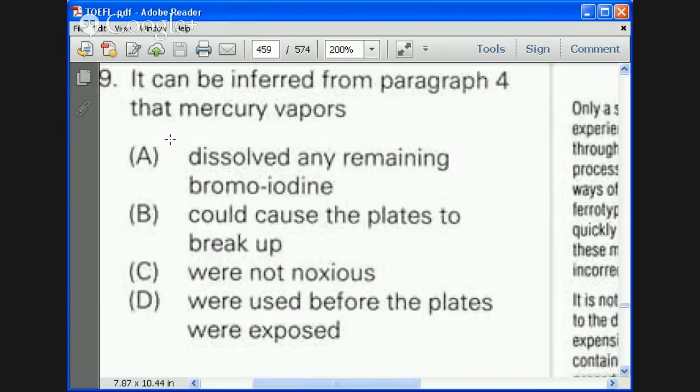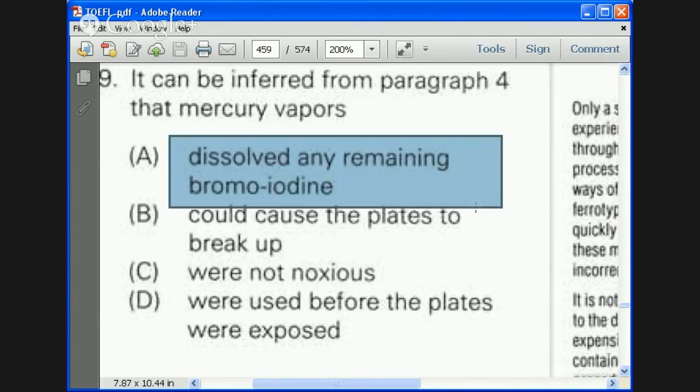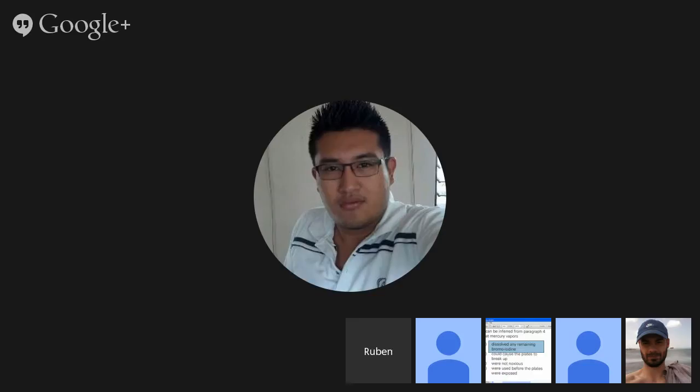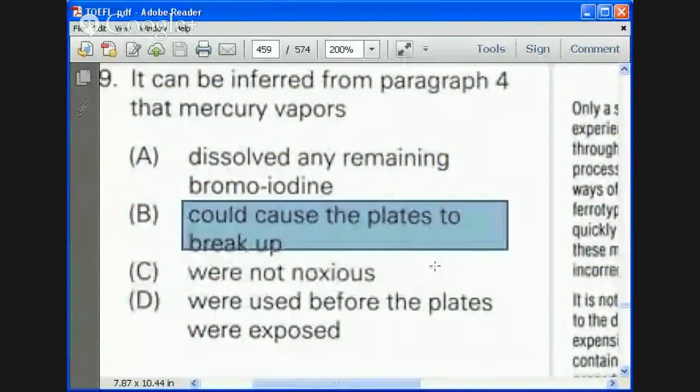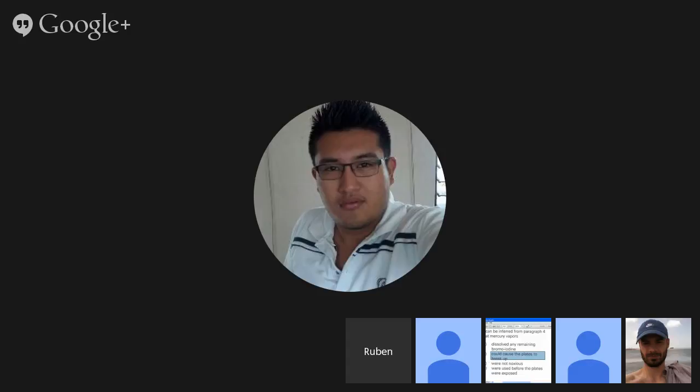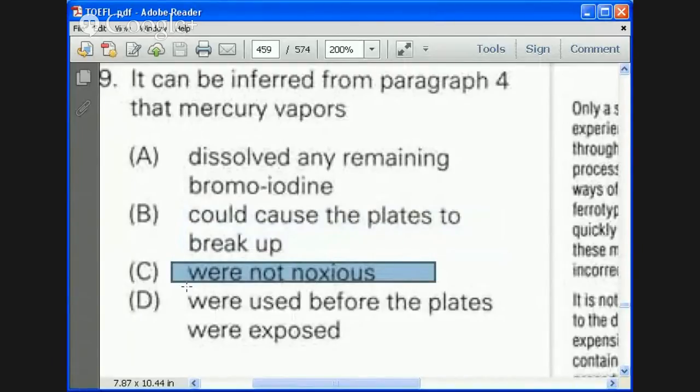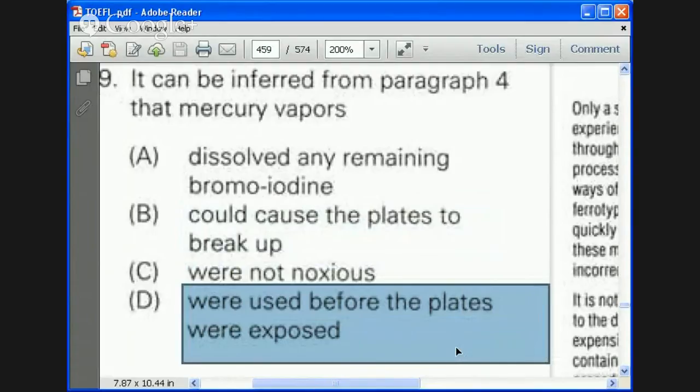But is it? It can be inferred that they dissolved any remaining bromoiodine. Wow. I don't know about that. Cause the plates to break up. I don't know about that. Were not noxious. Were used before the plates were exposed.